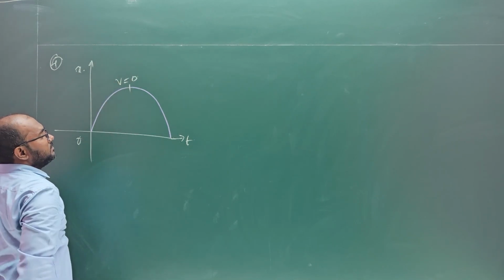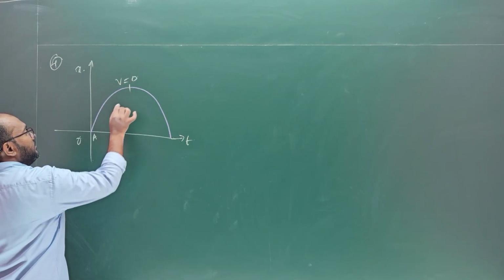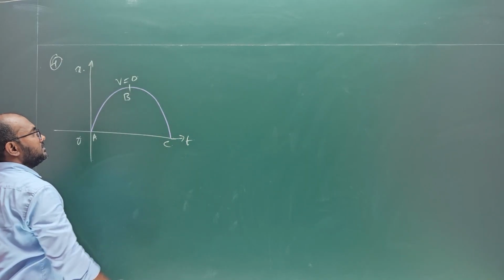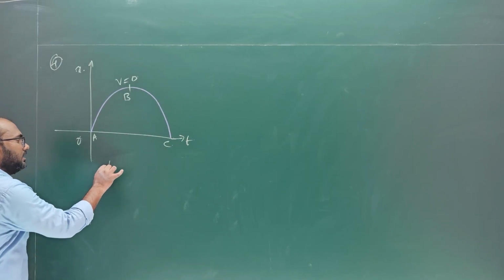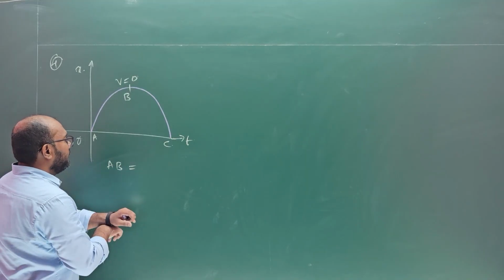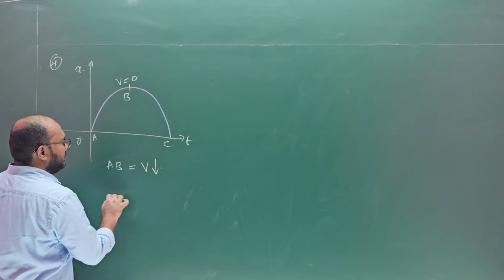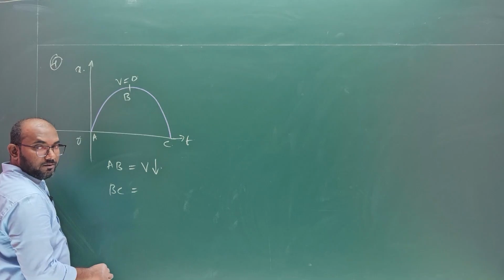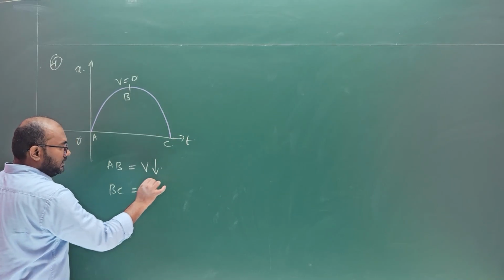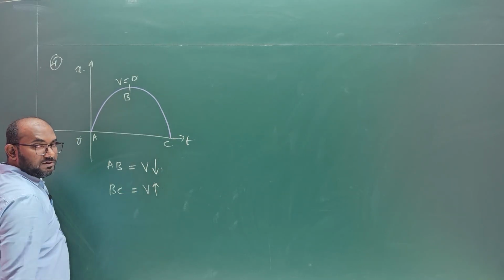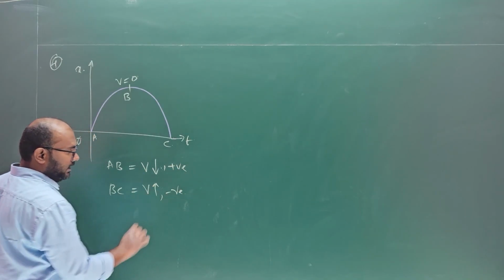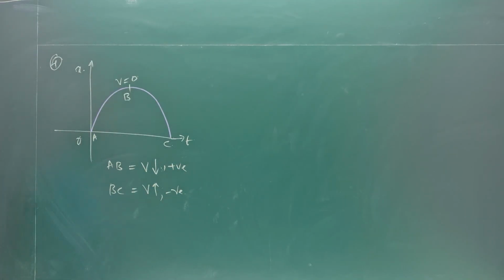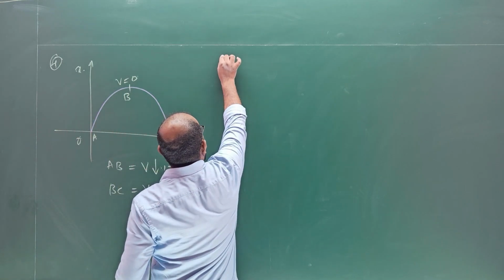Let it be A, this is B, and this is C. A to B velocity is increasing, decreasing? Decreasing. And B to C, velocity is increasing. This one, velocity is positive, negative? Positive. And this one, negative. Okay. Now, drawing the vt graph for this one.